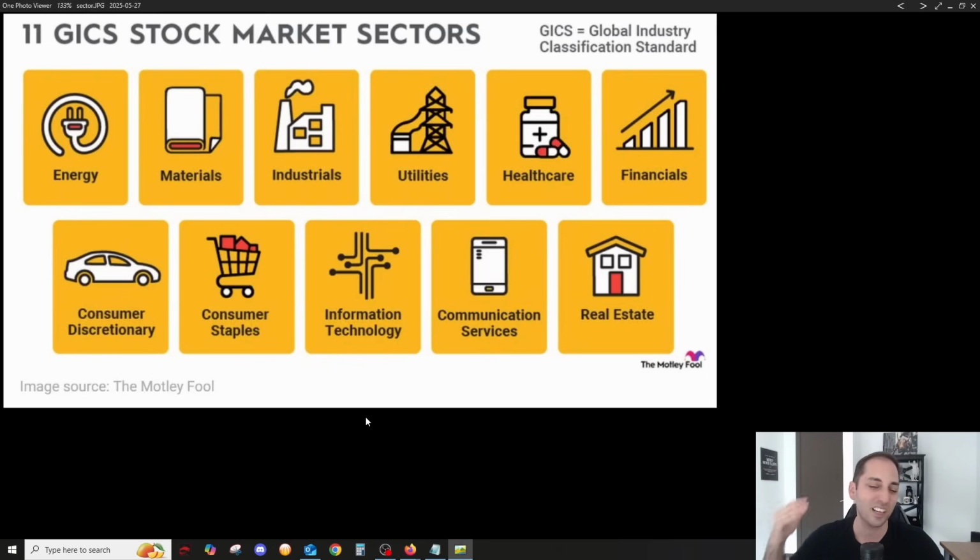Communication services, things like Bell, Telus, AT&T, and you also have real estate, which is also one of the 11 sectors. So, for example, if you buy an S&P 500 index ETF, all 11 of these sectors are represented in that index. There you have the second important aspect of diversification: sector diversification.